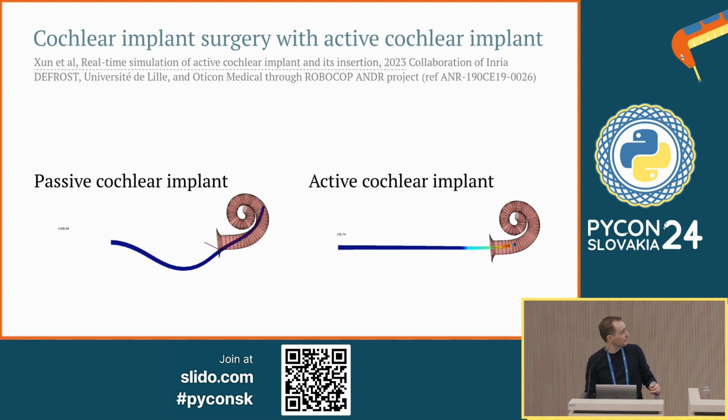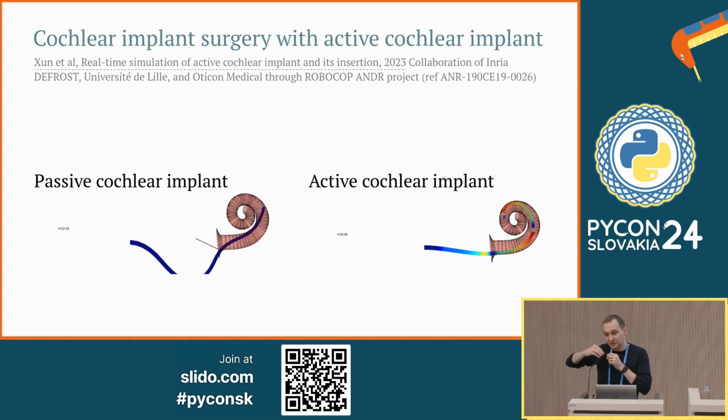As you might see, at some point, it starts to scrape the wall of the cochlea. That's not desirable. So there is a new device that, thanks to simulation, can happen where instead of scraping the wall, you use an active controlled cochlear implant where you apply a little electrical current on the implant, which lets it bend inside of the snail.